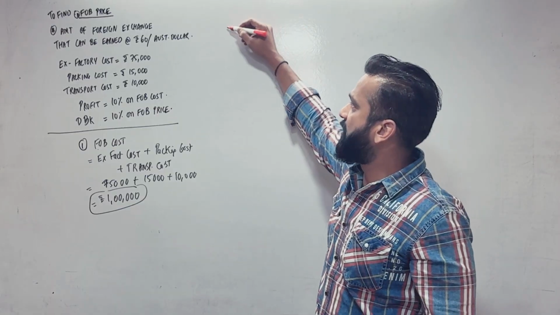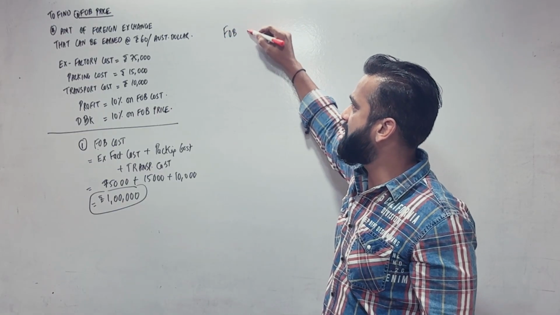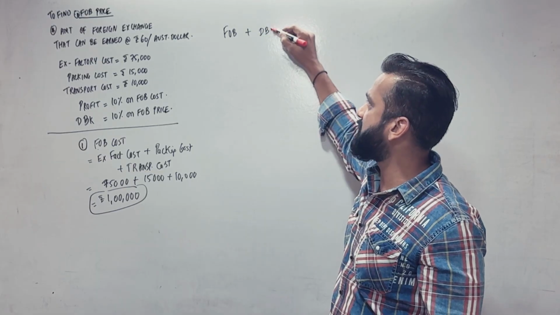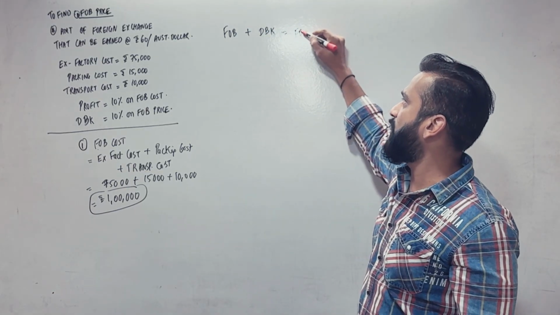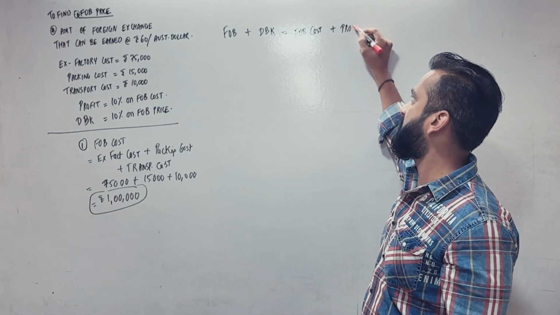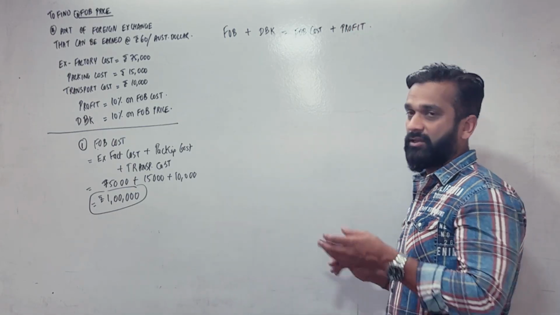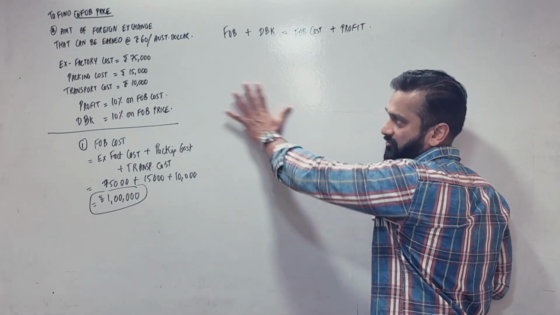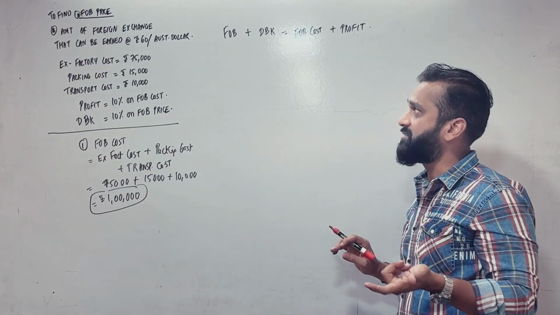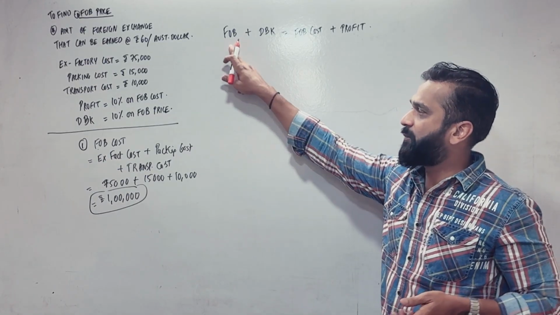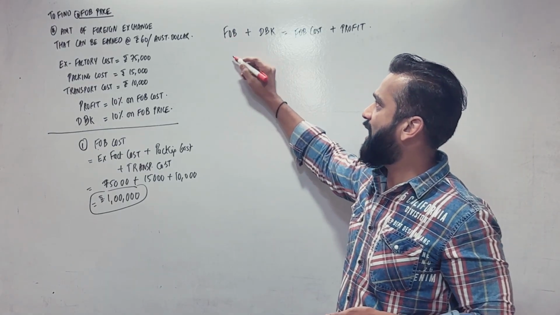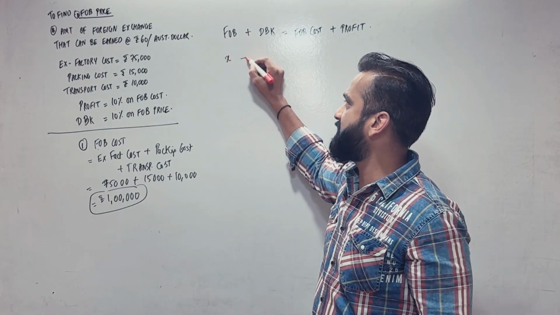So I will write first FOB price plus DBK, or we can also write plus incentives, is equal to FOB cost plus profit. So I'll use this information in the formula and I will get the answer very easily, very fast. We are supposed to find the FOB price.